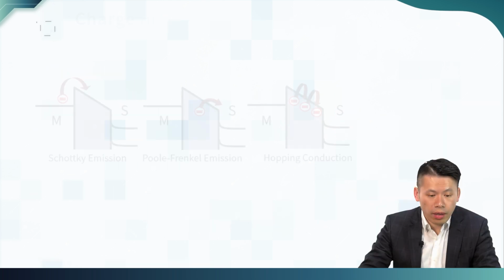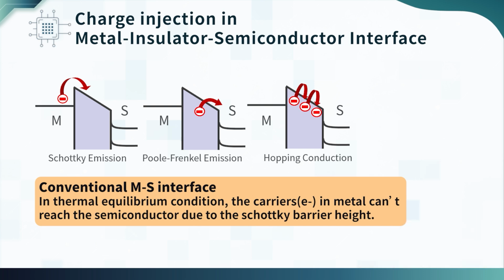And here is a summary of the charge injection in the metal-insulator-semiconductor interface. Conventionally, we can have the Schottky emission. This is due to the typical bias, where the carrier can gain some energy to cross this barrier here. And therefore, we can have the Schottky emission. But sometimes we also have to consider defects in the dielectric.